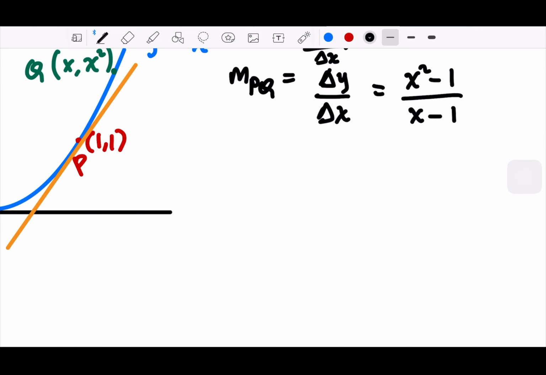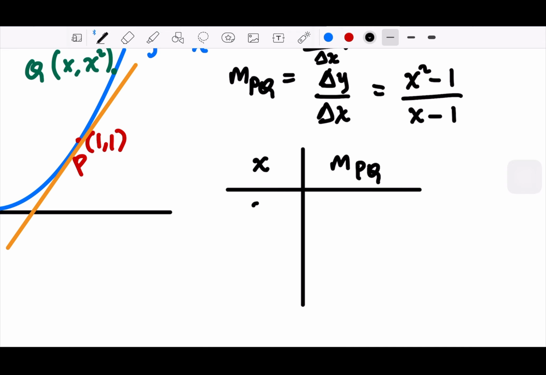And then we can have some table values for x and the results of the slope. If we input 2, it will be 3. If we put smaller, we get this.